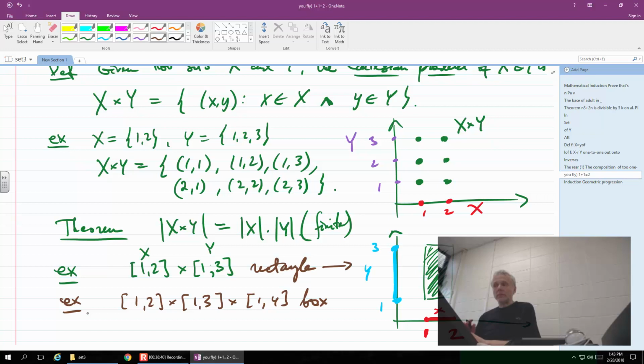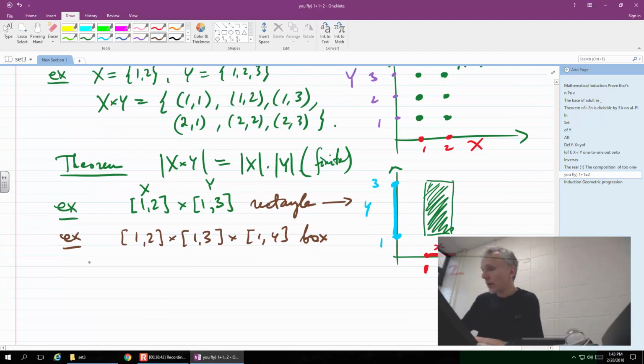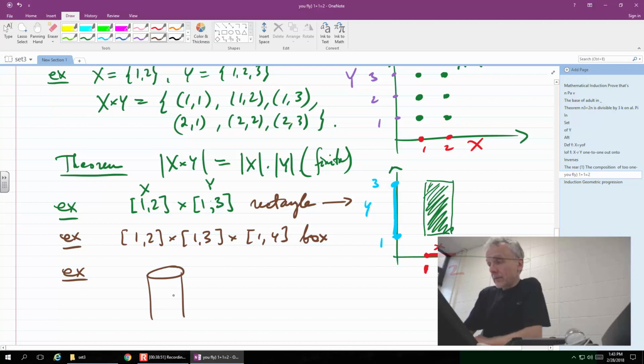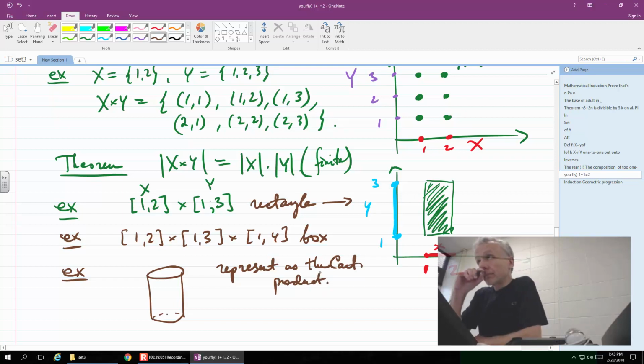And well, here's a trickier question. Backwards, represent the cylinder as a product. Cylinder represented as a product. No, product, Cartesian product.